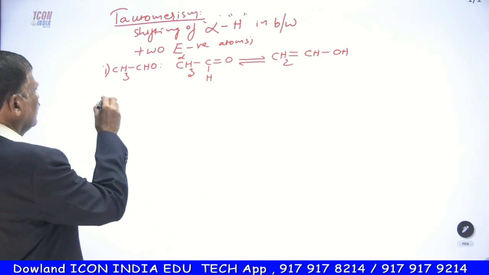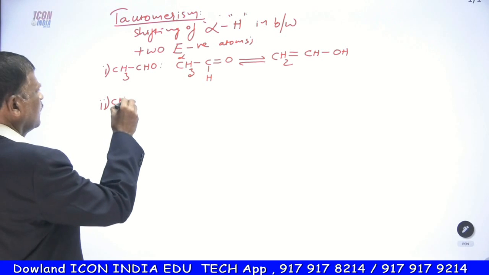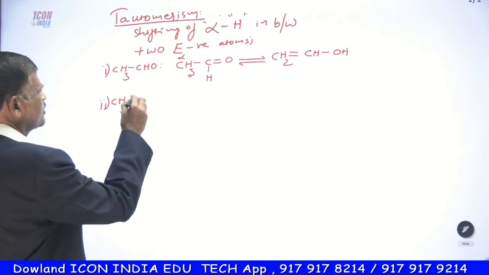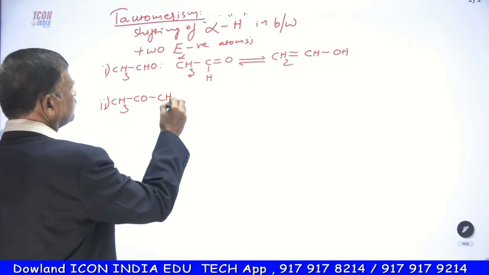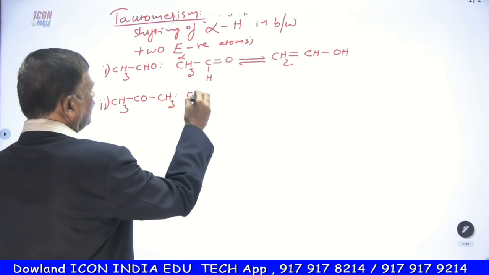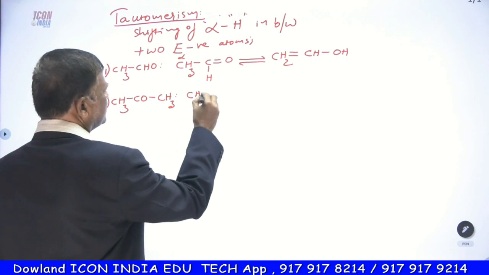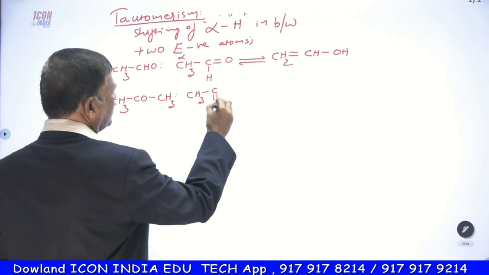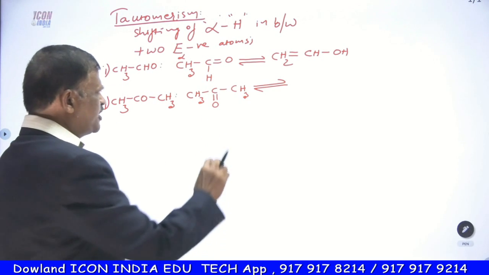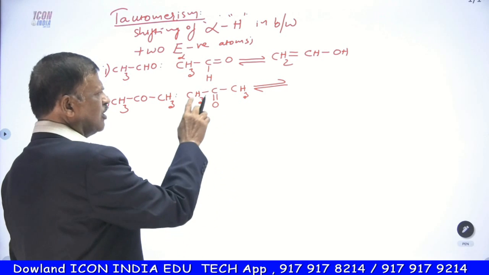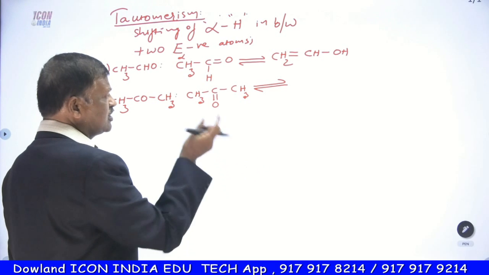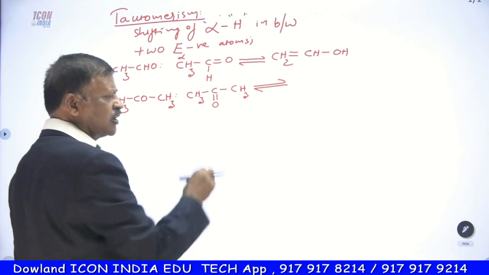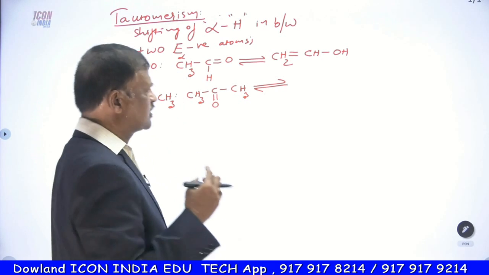Similarly, you take acetone, CH3COCH3. Here how many alpha hydrogens are present? This is a ketonic functional group. Next to the carbonyl, this carbon as well as that carbon, both are alpha carbons. Hydrogens bonded to those alpha carbons are alpha hydrogens.